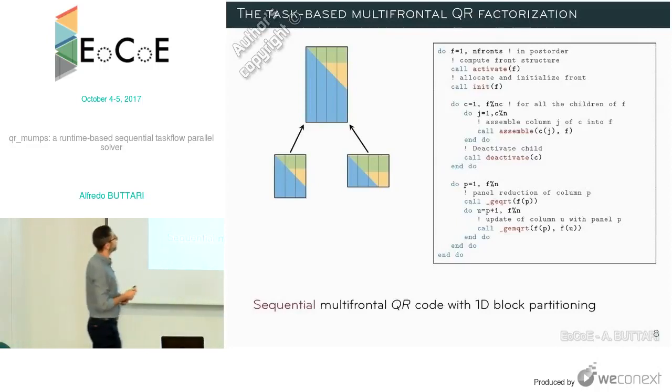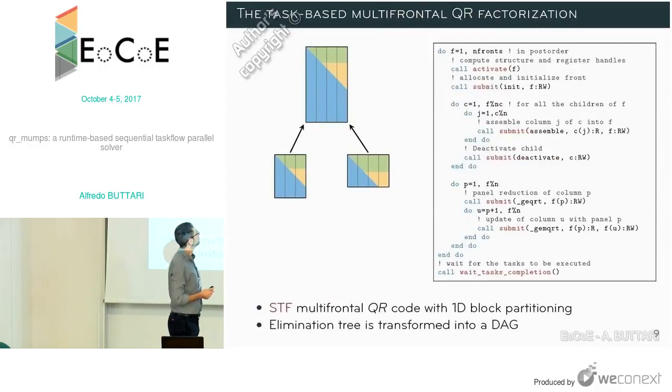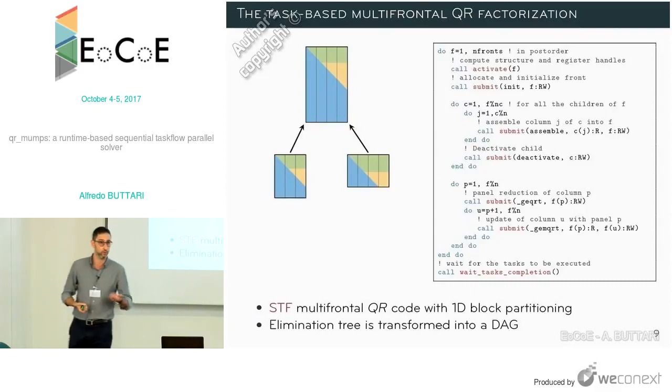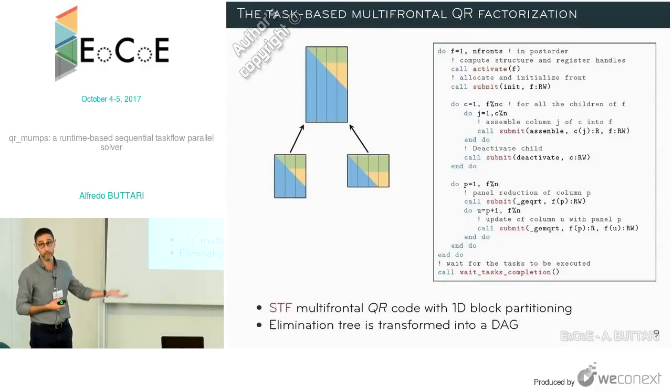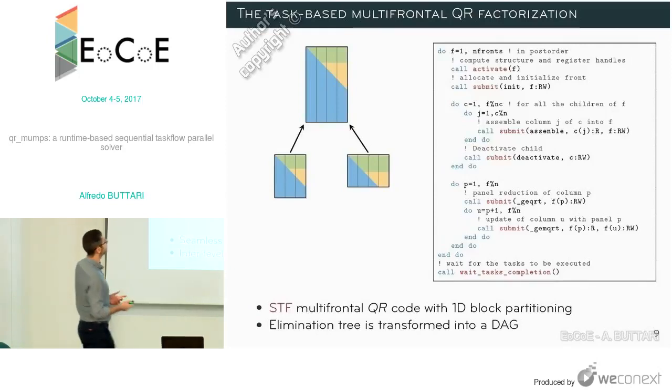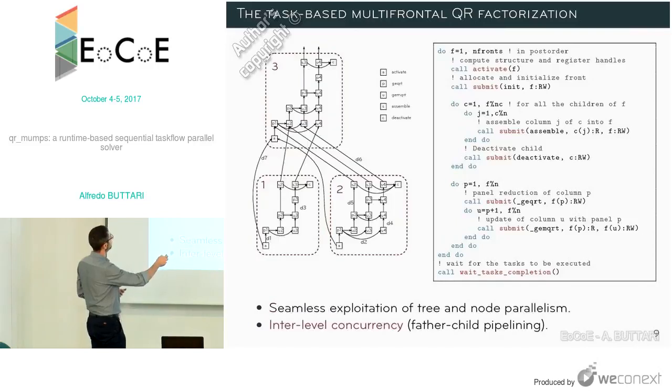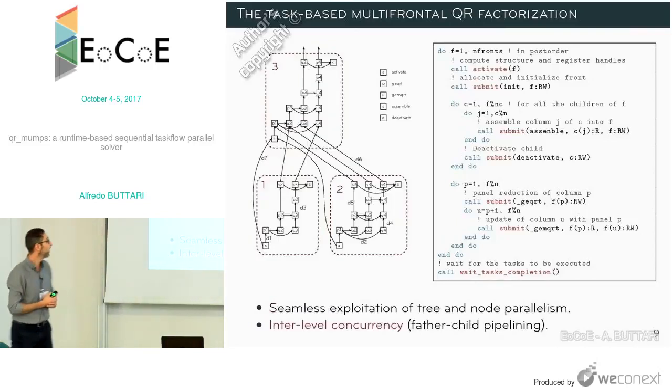Now the corresponding sequential task flow code looks like this. So basically we just replace function calls with submission of tasks. And now we have a sequential code that runs in parallel, okay? So very simple conceptually. And this basically allows for transforming the elimination tree into a DAG of tasks, which looks pretty much like this, where tree and node parallelism are expressed in a very consistent way, okay?